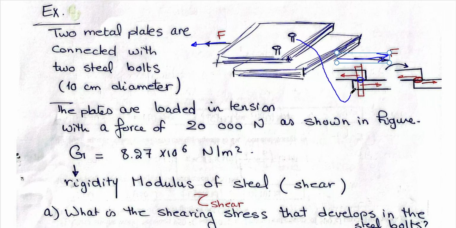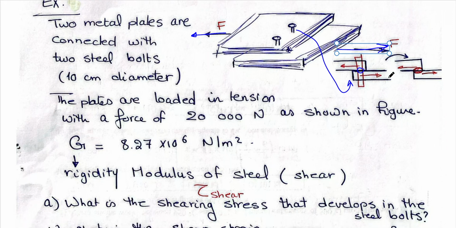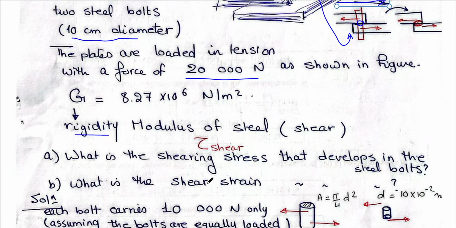Take this part and magnify it, as if the cross-sectional area of the bolt is being sheared by these two forces. It's given in this example the diameter of each bolt, the rigidity modulus of steel, and also the force acting on the plates. It's required to calculate the shearing stress that develops in each bolt.